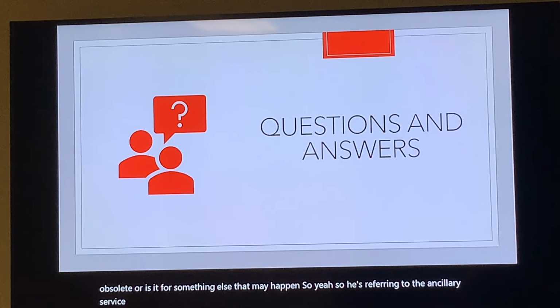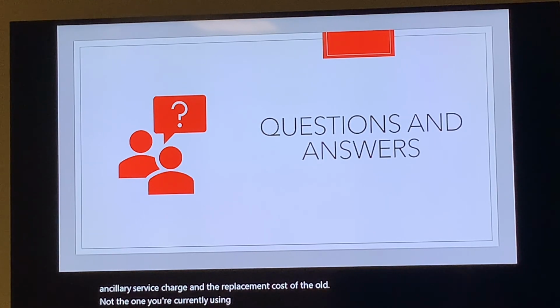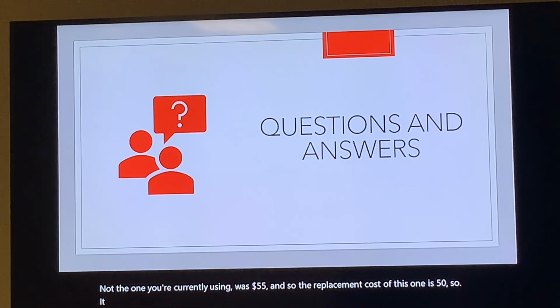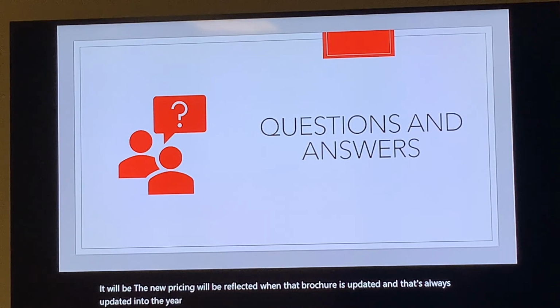The replacement cost of the old fob, the one you're currently using, was $55, and the replacement cost of this one is $50. The new pricing will be reflected when that brochure is updated, and that's always updated into the year. Great question, thank you.